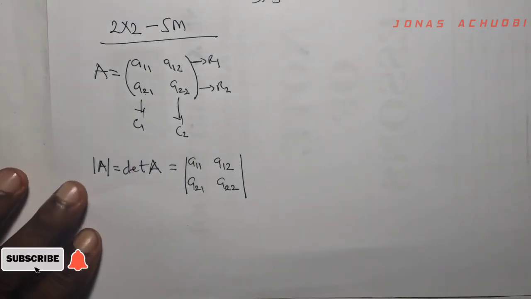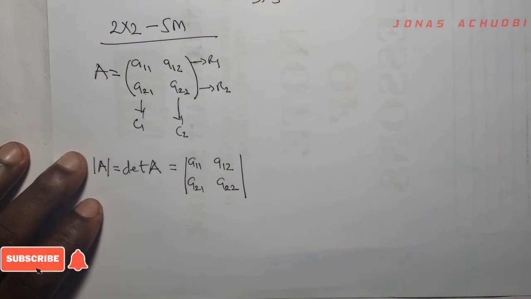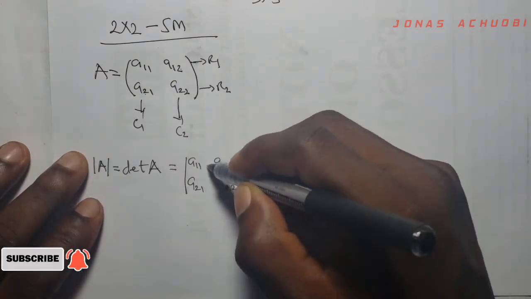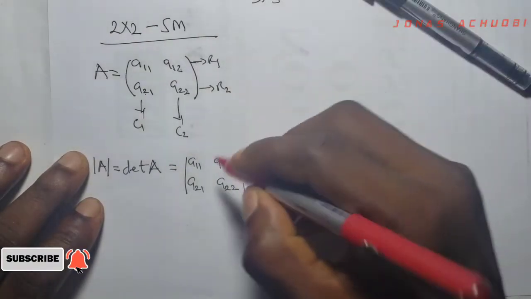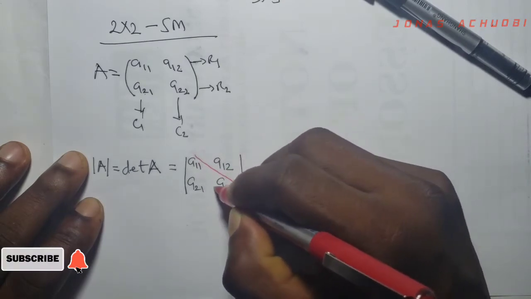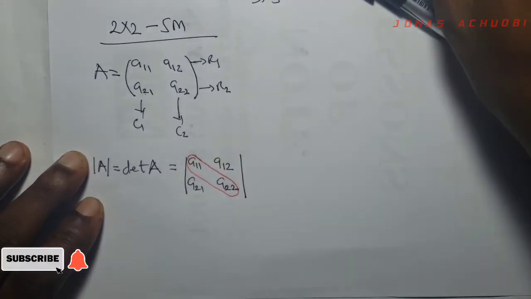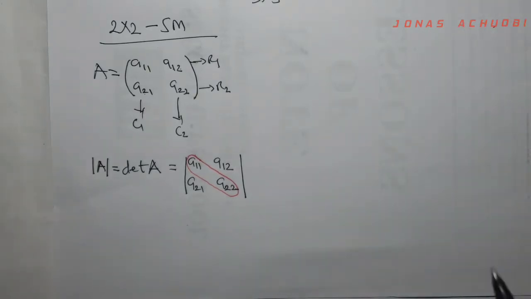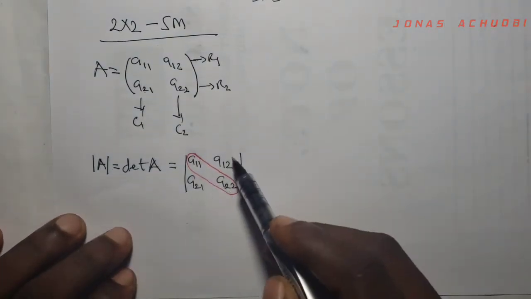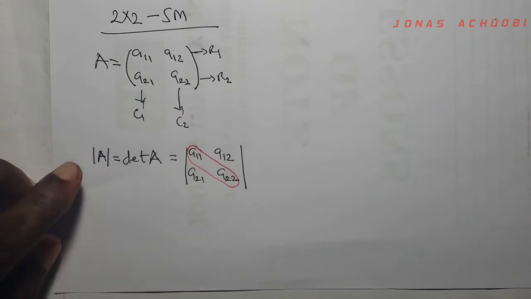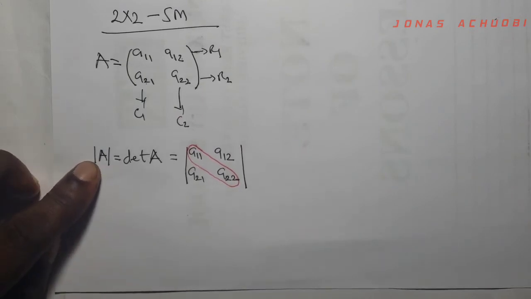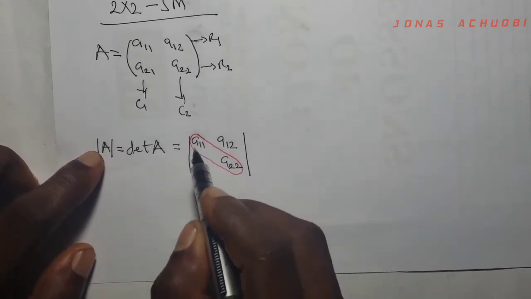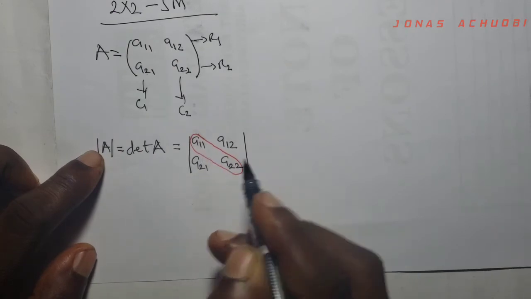If you recall also from the last video, there's a diagonal here which we call the main diagonal. This diagonal here, which is from top left to bottom right. So this diagonal is called the main diagonal. Another name for it is principal diagonal, is it not? Or just the diagonal. And the other diagonal is called the off diagonal. Now to find the determinant of matrix A, we'll simply multiply the entries of the diagonal, which are here.